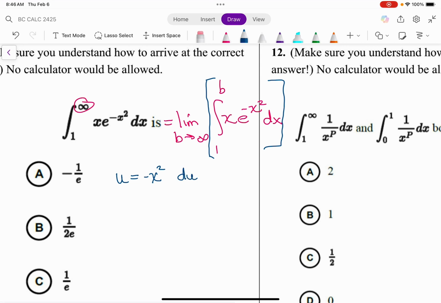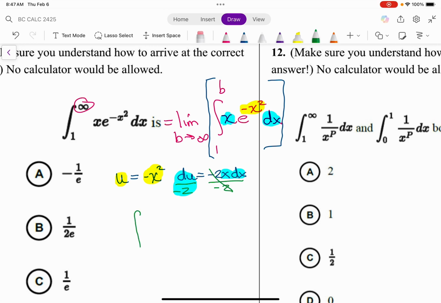Let's let du, which means I can replace x dx with du over negative 2. And of course my u can replace negative x squared. And that should leave behind a pretty, hopefully reasonable, definite integral.